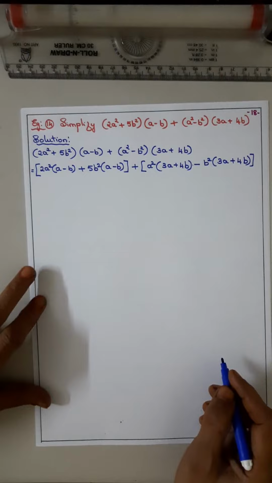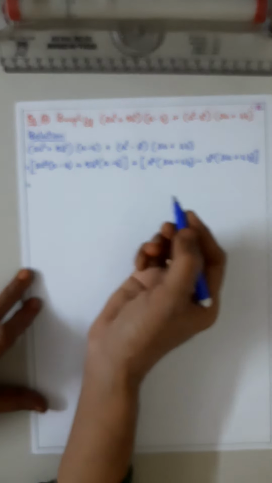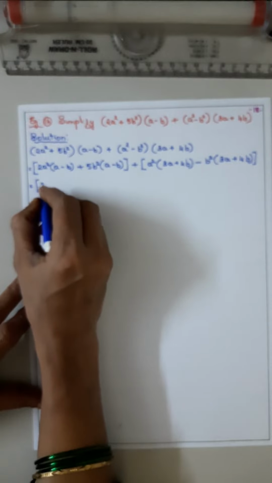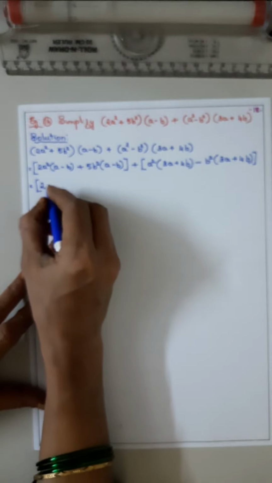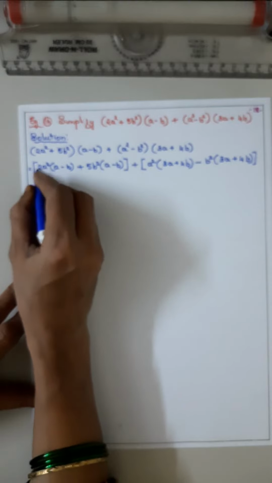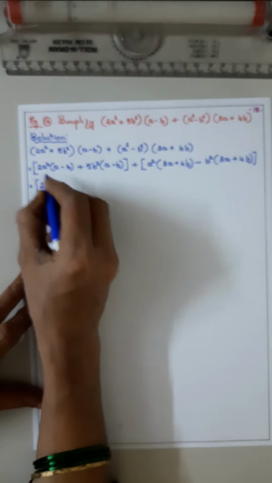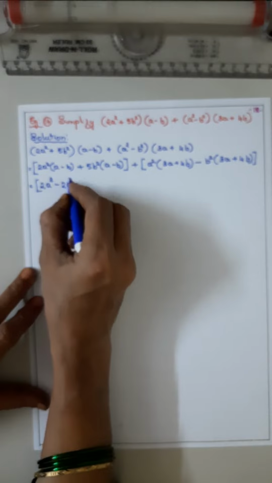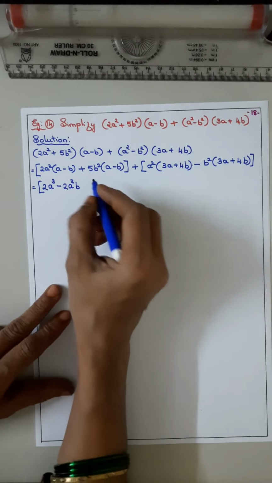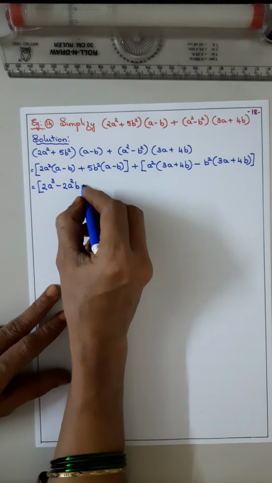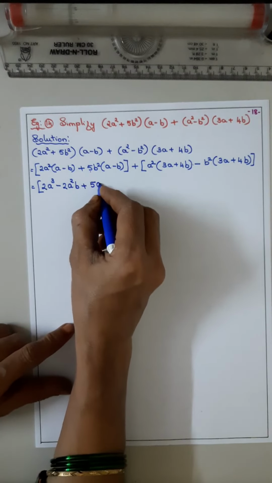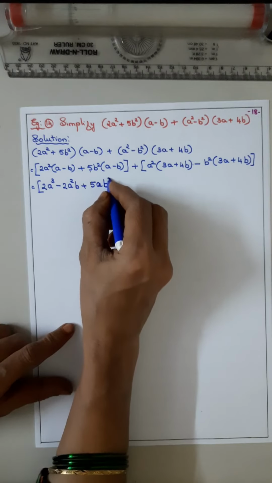Clear? Okay, now coming to the solution. Now 2 ones are 2, a squared a becomes a cube, minus 2 ones are 2, a squared, and now here it is b. Okay, now here 5 ones are 5, a and b squared.